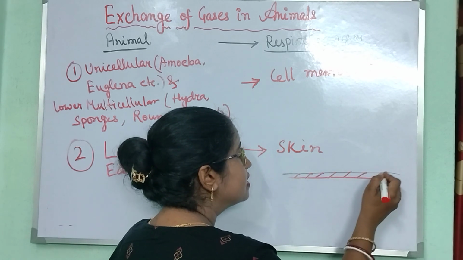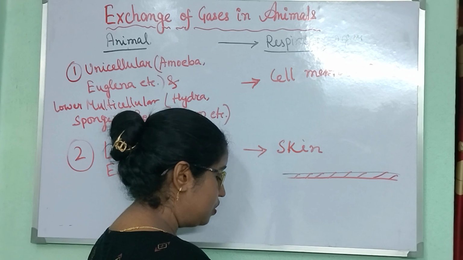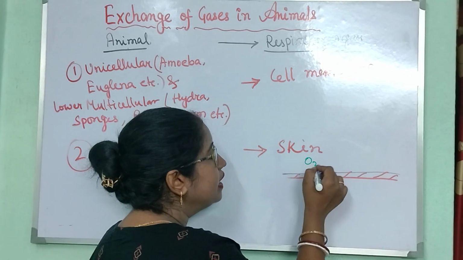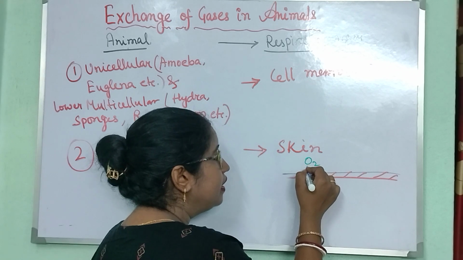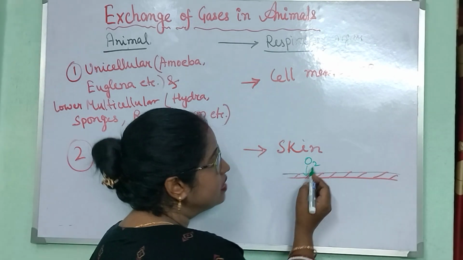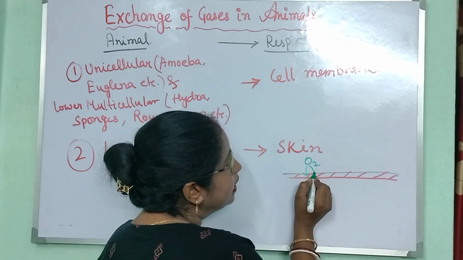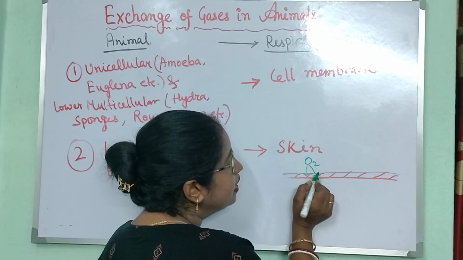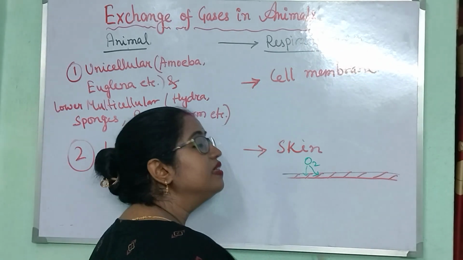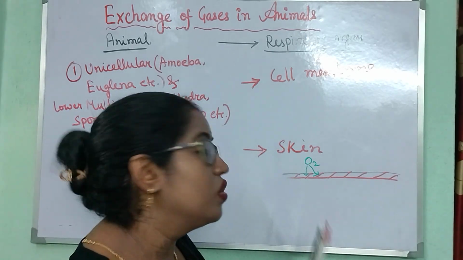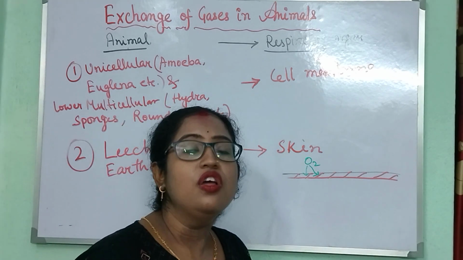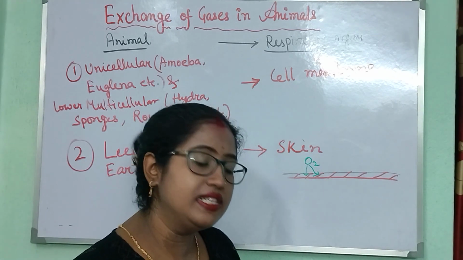So the oxygen present in the air simply diffuses in through the skin surface and enters into this blood capillary, and via these blood vessels the oxygen reaches each and every cell of the earthworm and leeches.